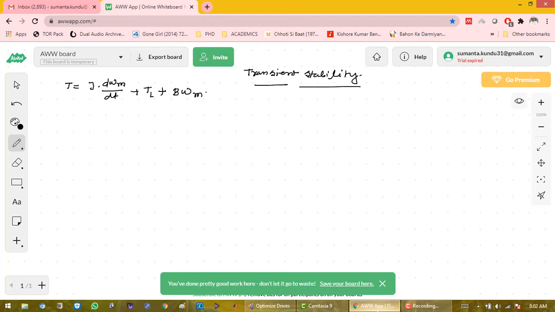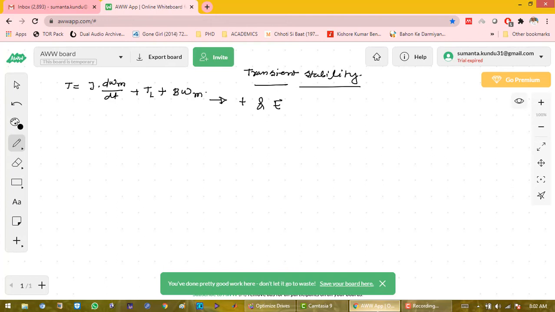Now, this equation basically evaluates the time taken and the energy dissipation E of the motor during the transient operation, along with other motor circuit equations.